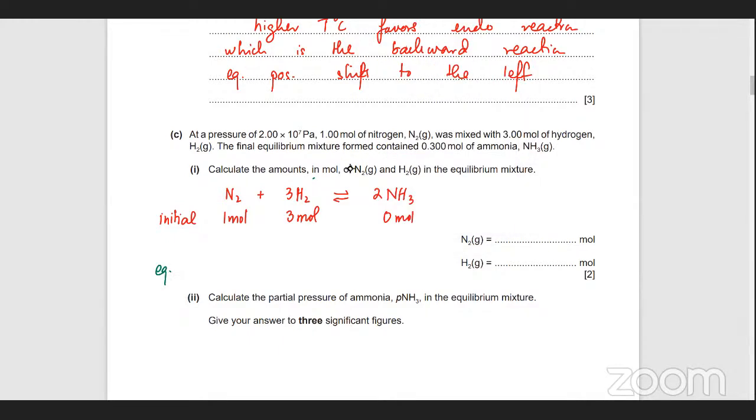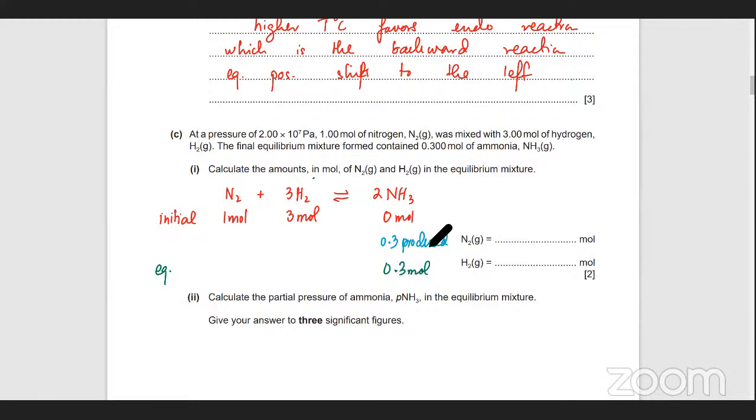Okay, so the last column says the final equilibrium mixture contains 0.3 moles of NH3. You started off with 0 moles, but now you have 0.3. That indicates that 0.3 moles got produced. There must have been a reaction in which these many moles got produced.